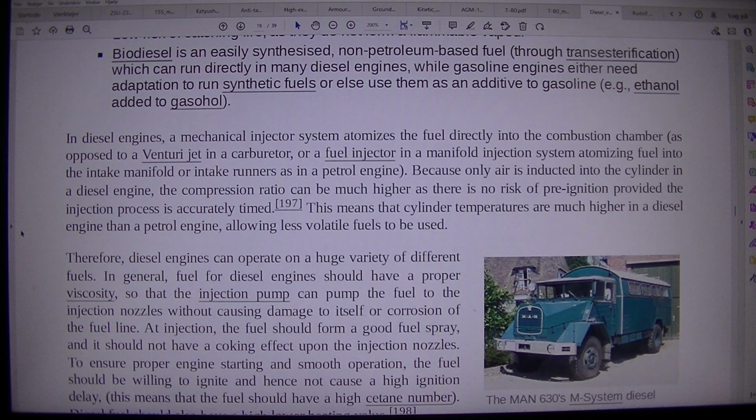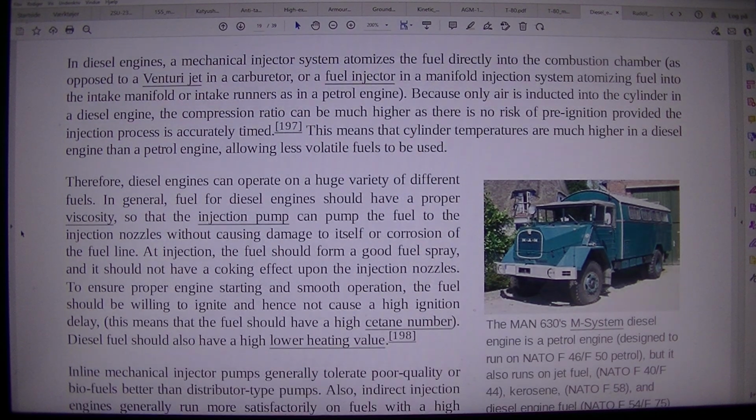Because only air is inducted into the cylinder in a diesel engine, the compression ratio can be much higher as there is no risk of pre-ignition provided the injection process is accurately timed. This means that cylinder temperatures are much higher in a diesel engine than a petrol engine, allowing less volatile fuels to be used.